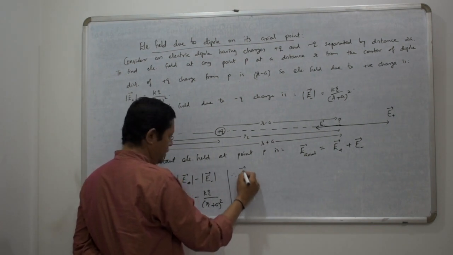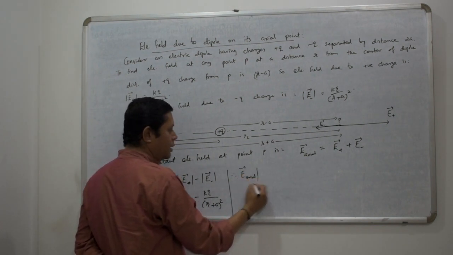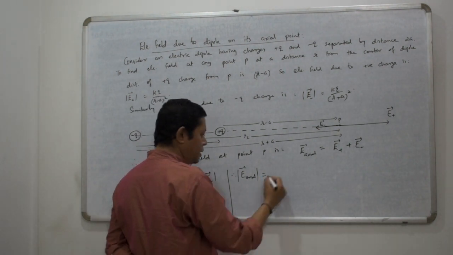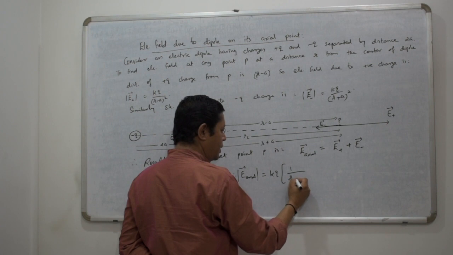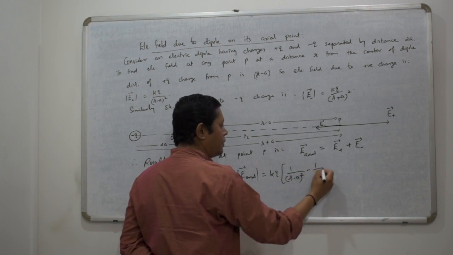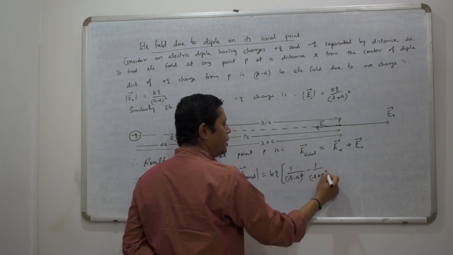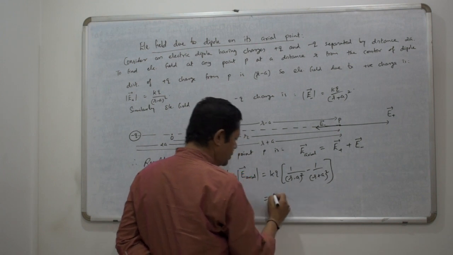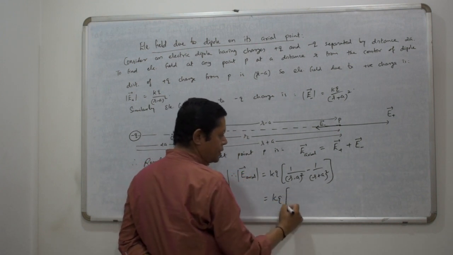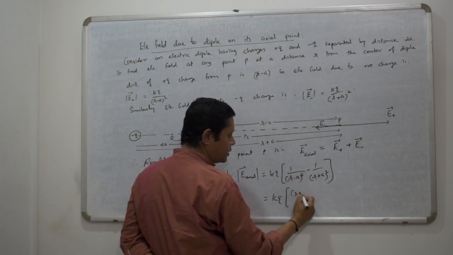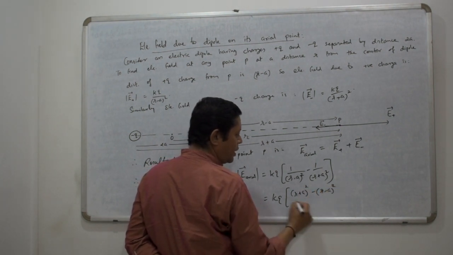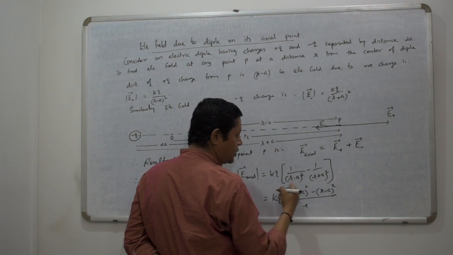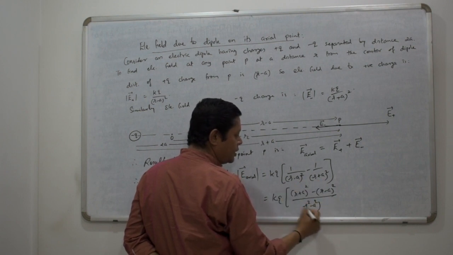Therefore, you can write E axial as, taking kq common, 1 by (r minus a) square minus 1 upon (r plus a) square. If you simplify these two, taking the cross product, (r plus a) square (r minus a) square, and r plus a into r minus a is r square minus a square.